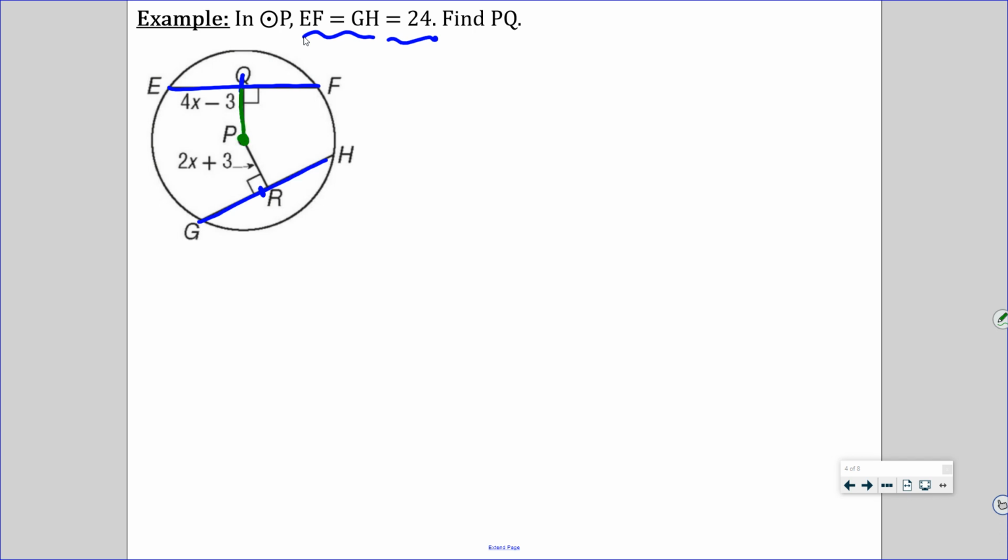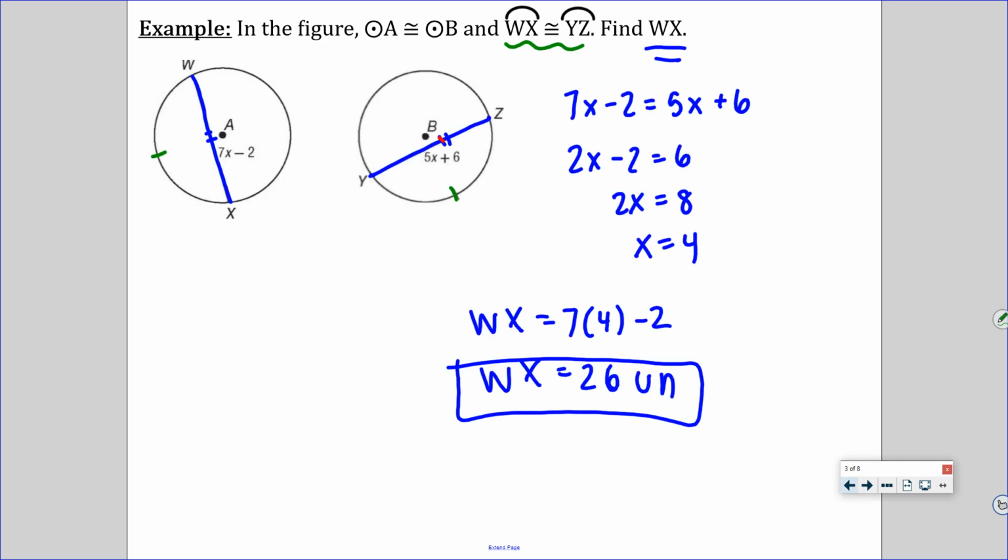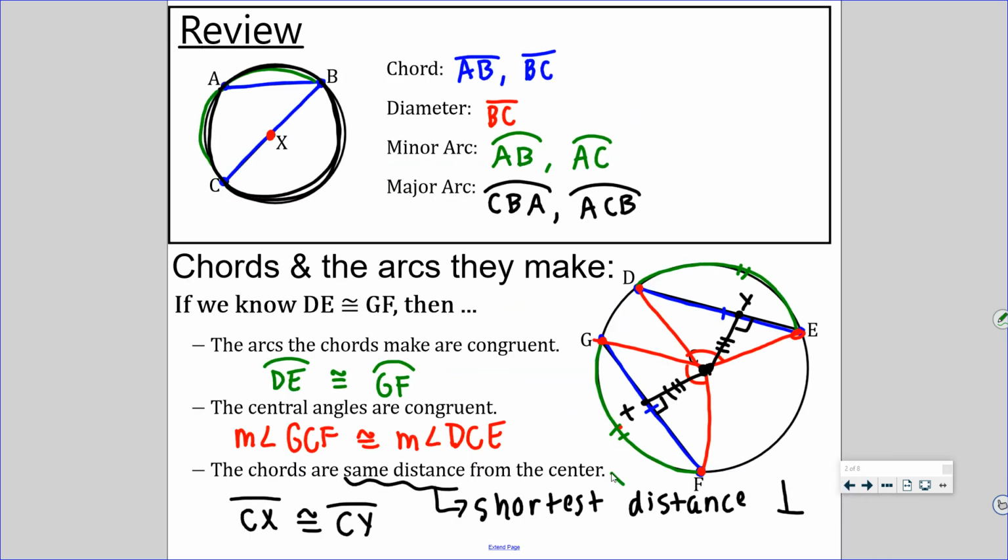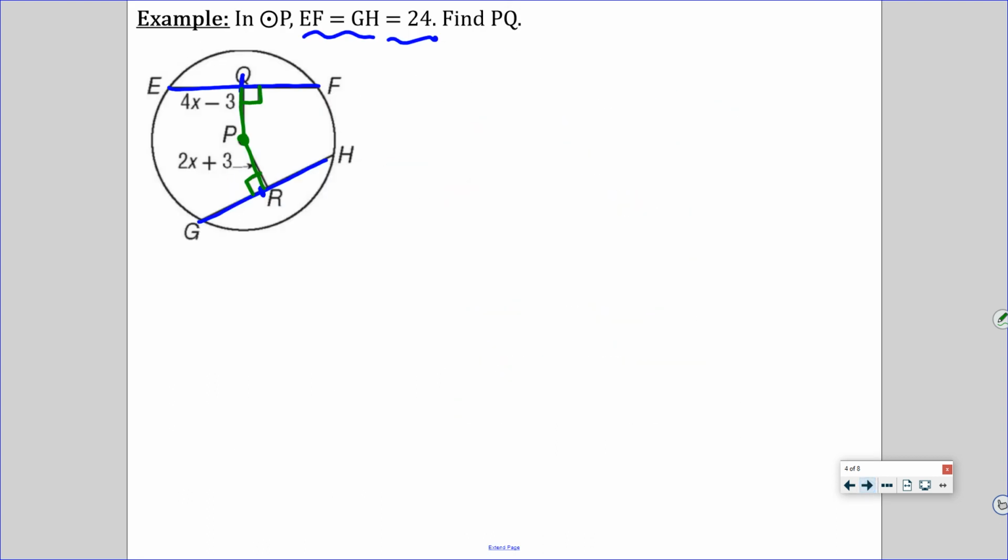The reason they're showing me these right angles, exactly like Tyson said, is that's the shortest distance from the center to those chords. So that third piece we learned here, we know the chords are the same distance from the center. So we know these distances are going to be the same. Set the equations equal to each other, and we can solve for x.